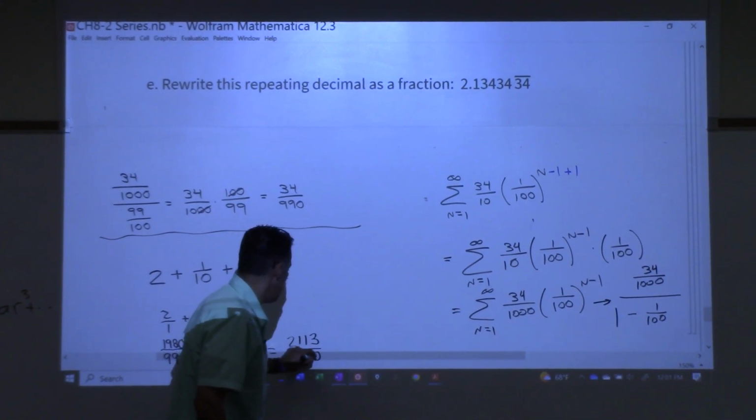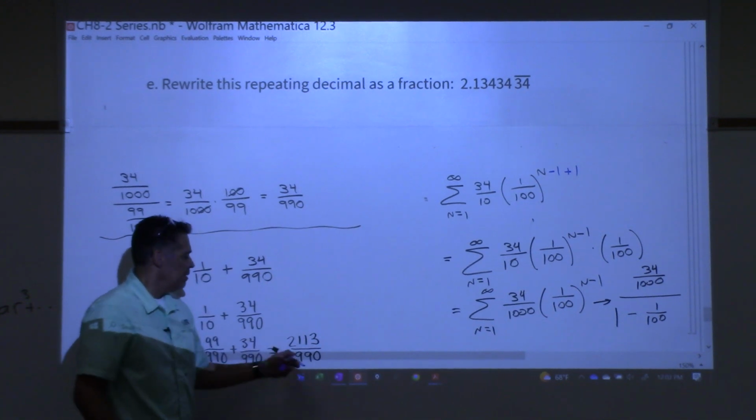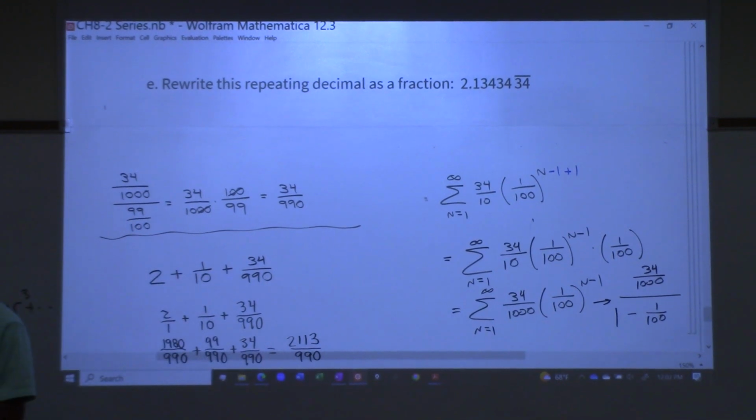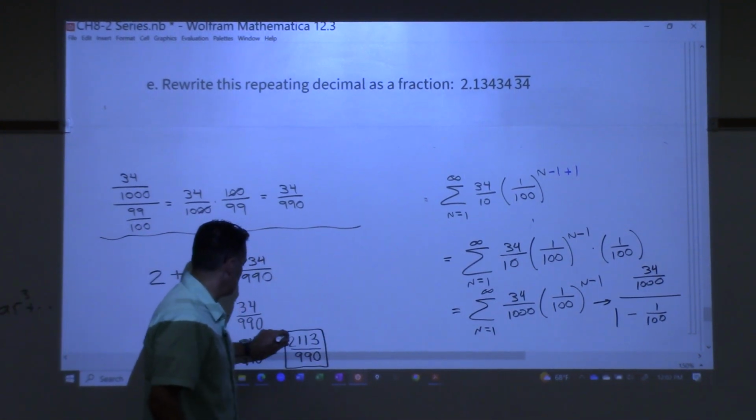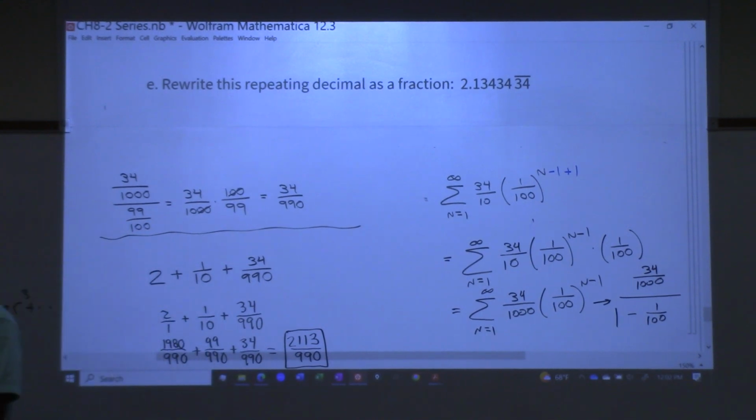Now that fraction might reduce, and I don't care if it does. Plug that into your calculator and see if you get 2.1343434. Yes? Right, that is it. Okay, that's not really a nice application of this. It just shows you that you can take any repeating decimal and find the fraction using geometric series. All right, moving on.